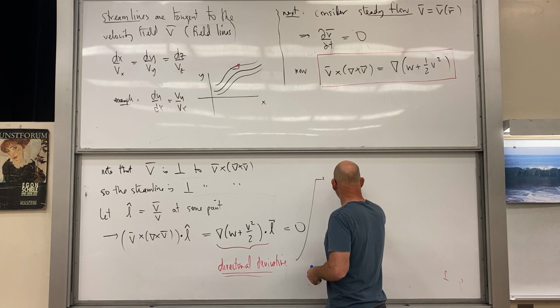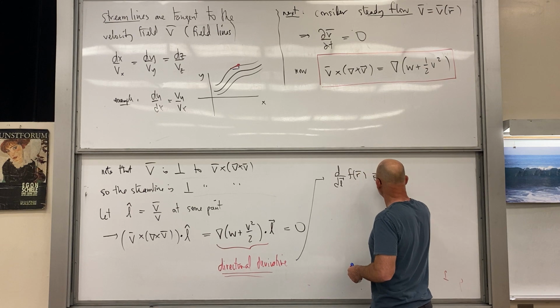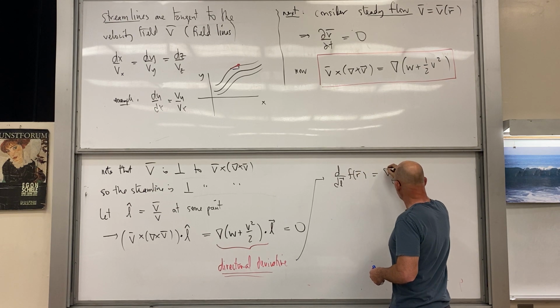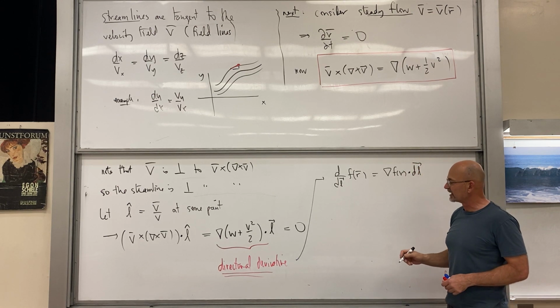So d over dl of vector f of r is equal to gradient f of r dot L. Okay, so that's one way to look at it.